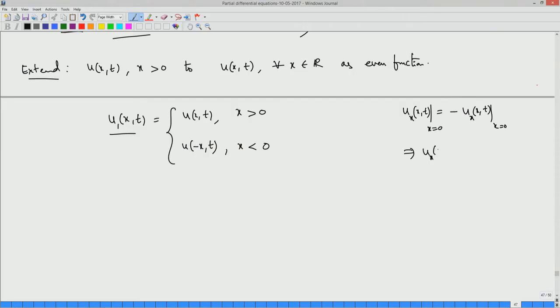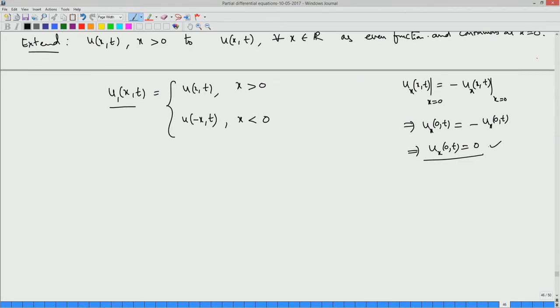That means u x at 0 t should be the same as minus u x at 0 t. That means u x at 0 t has to be 0. So if you extend as an even function and it is continuous at x equal to 0, in this way, you see that the boundary condition is automatically satisfied.